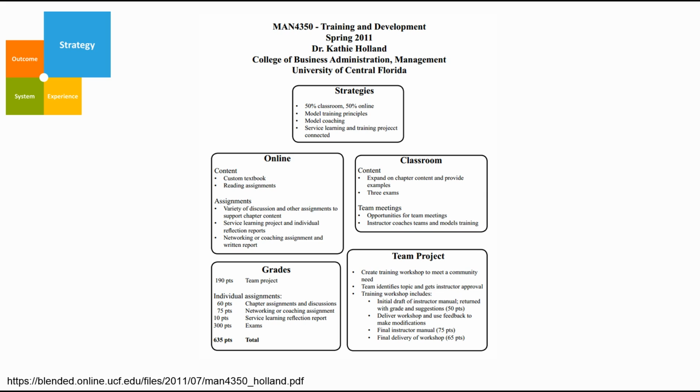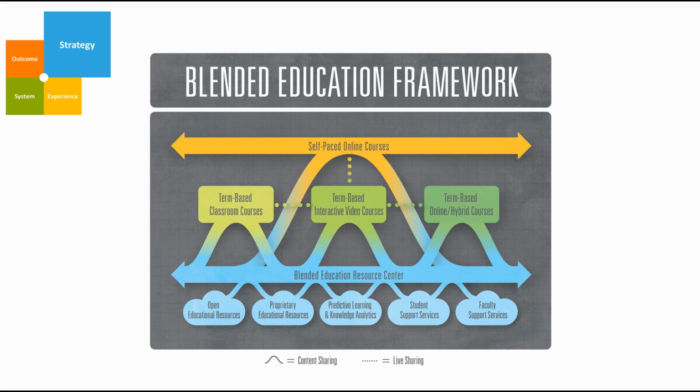So this is a great example, again, of a very concise and tight strategy for how a course is going to be developed and designed. This is yet another example dealing with blended learning, and again, it's a guiding framework for making decisions about how the learning environment is to be designed.